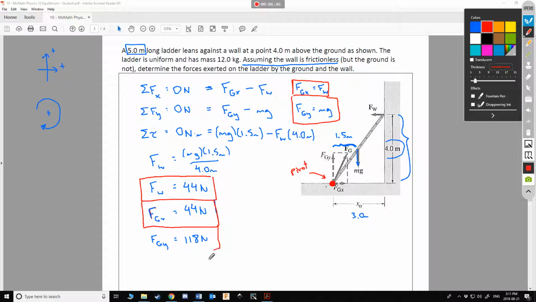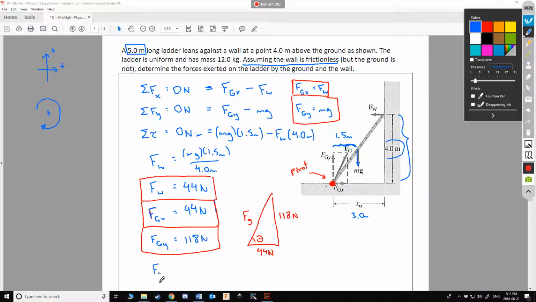However, leaving our answer like this is not good enough because the force we're actually interested in is Fg. We need to recognize that Fgx and Fgy form a triangle: 118 newtons, 44 newtons, and some angle. So we need to find out what Fg is.